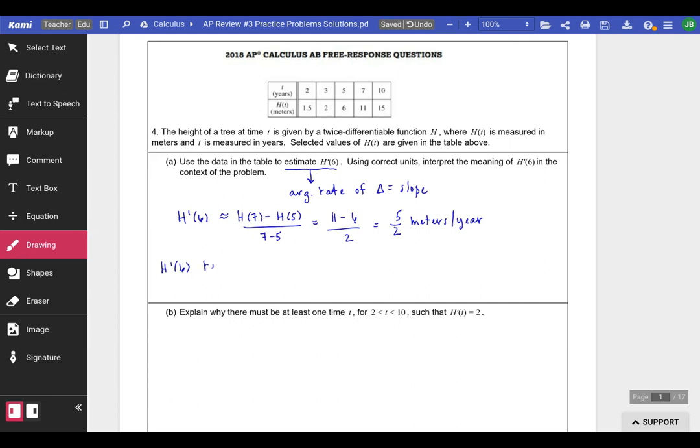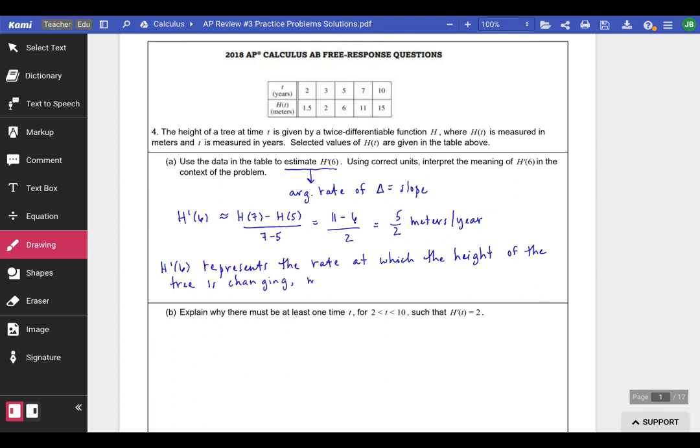So h prime of 6 represents the rate at which the height of the tree is changing.